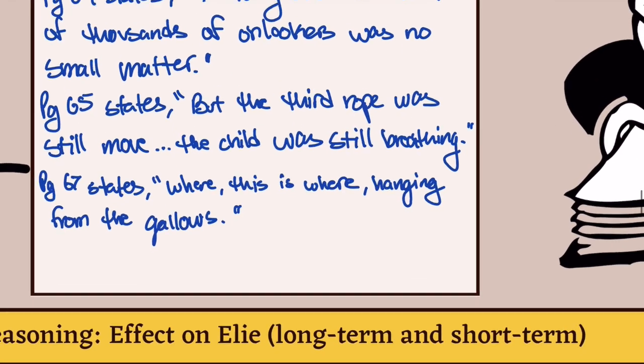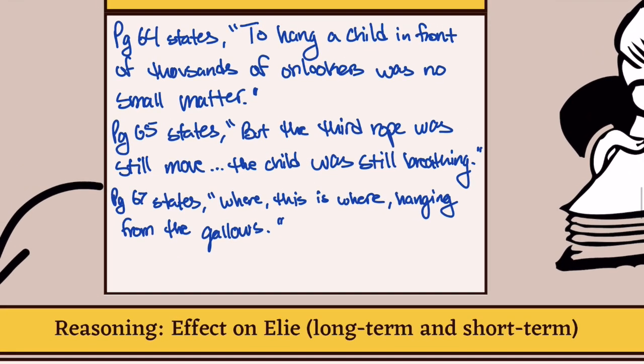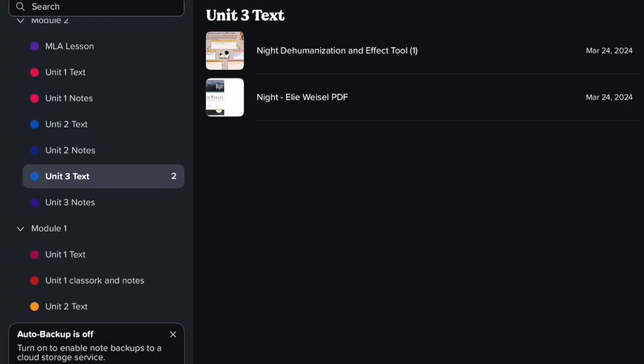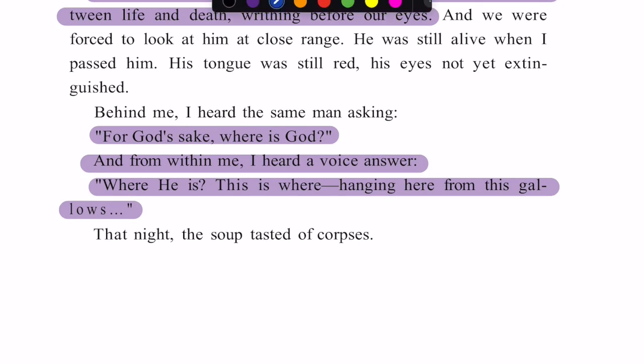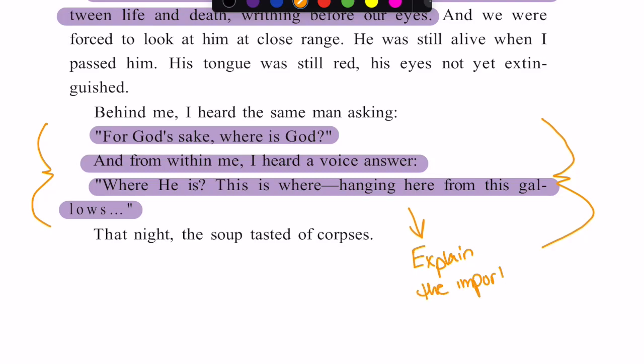So when it comes to our reasoning statement, the effect that it has on Eli, he kind of already explains what effect it has on him right here, right? So kind of along the same lines as the reasoning statements of paragraph 2, I want you to explain to me the importance of this statement here.